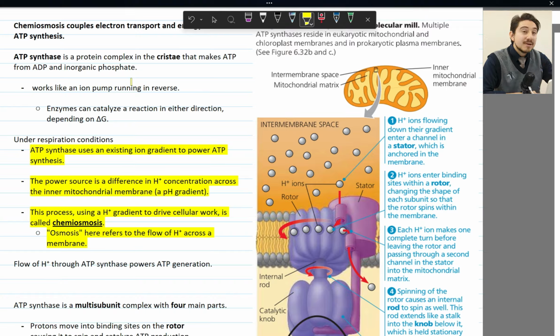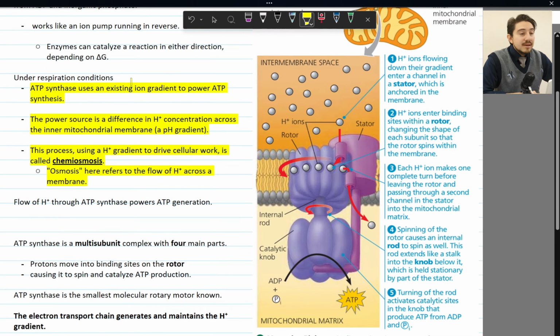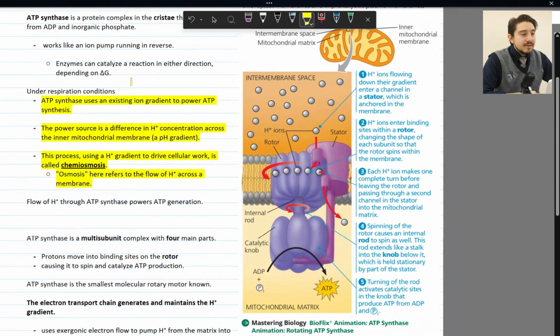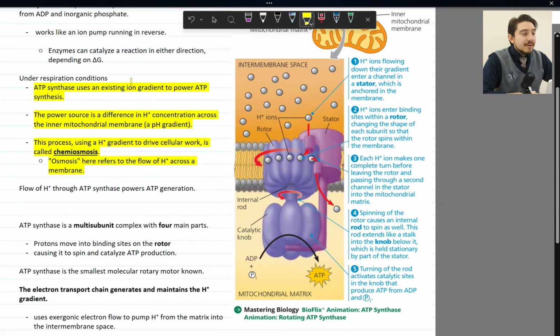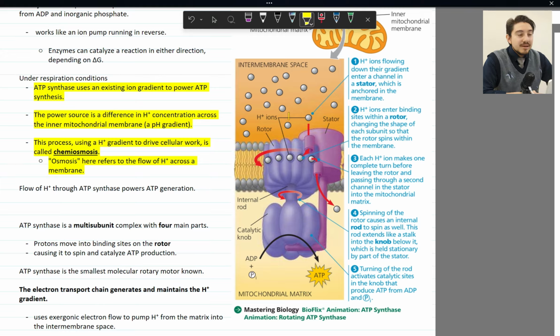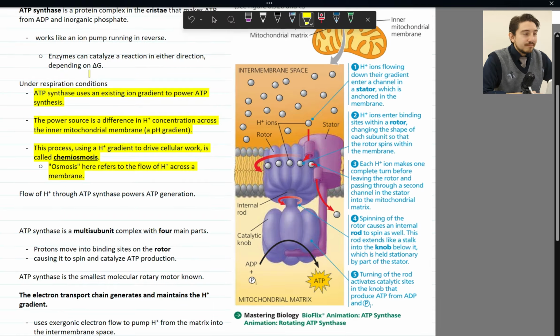This is the actual one that will drive the reaction of ADP plus inorganic phosphate to produce ATP. It's quite incredible how it looks. It's a rotor, a motor, driven by hydrogen ions to drive ATP production.